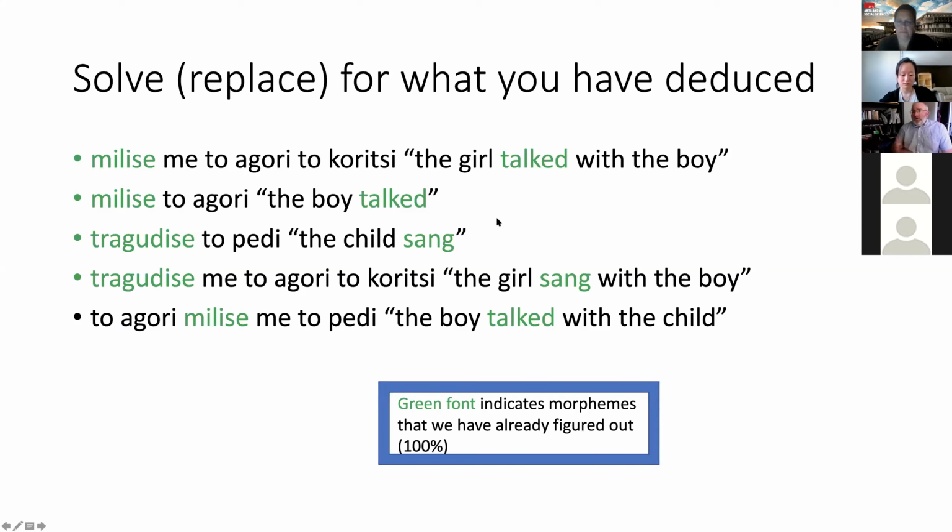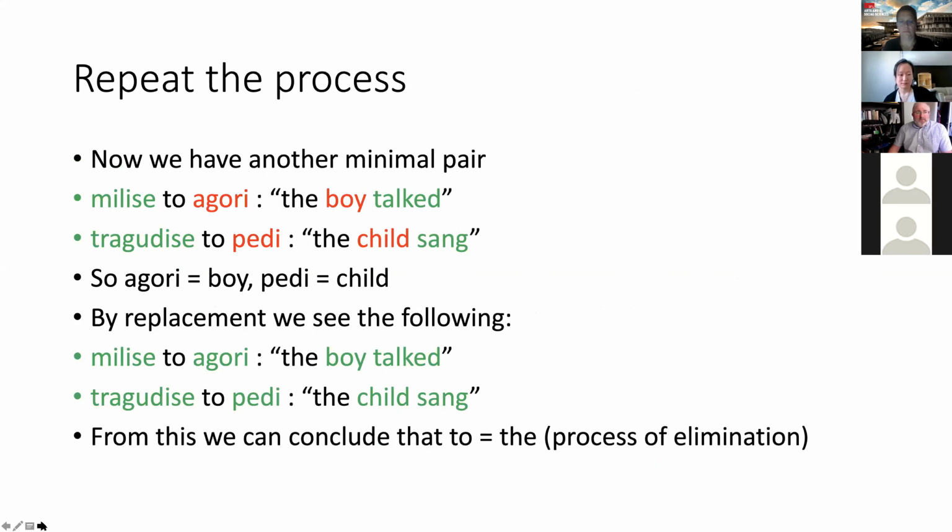Because once you know something, then the next forms can become minimal pairs. And so these 2 middle sentences, μίλησε το αγόρι, the boy talked, and τραγούδισε το παιδί, the child sang, become a minimal pair that allows us to solve for the words αγόρι and παιδί, right?